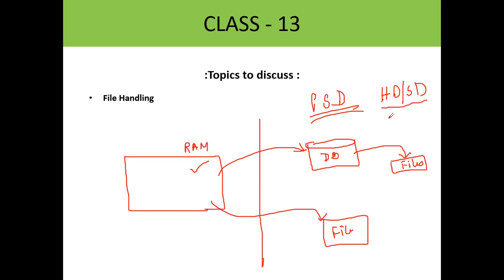So if you want to store the data permanently in any form of storage media, you have to create something called a file. A file is the basic entity which stores the data. Maybe it is in a structured format like in a database, maybe it is in an unstructured format like in a file. In earlier days we called these files flat files.